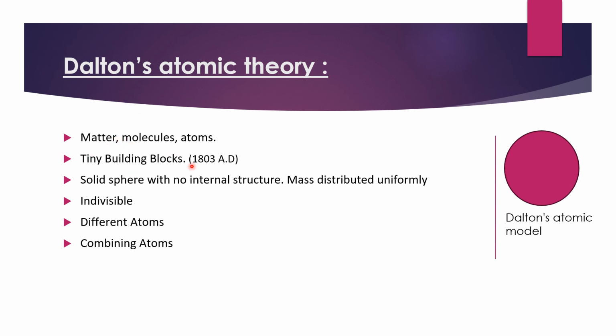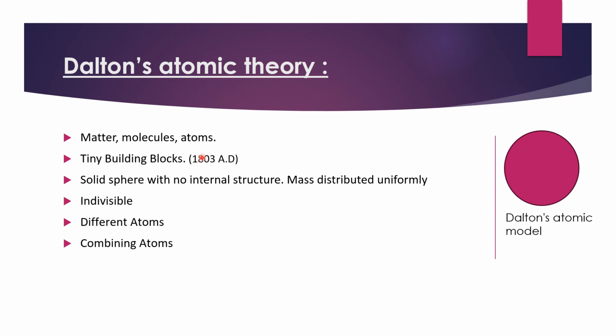As per his atomic theory, the atom is a solid sphere with no internal structure and the mass is distributed uniformly. As you can see in this figure, there's a solid sphere, it has no internal structure and the atomic mass is distributed uniformly. So this is Dalton's atomic model.